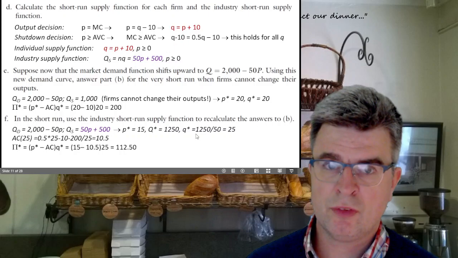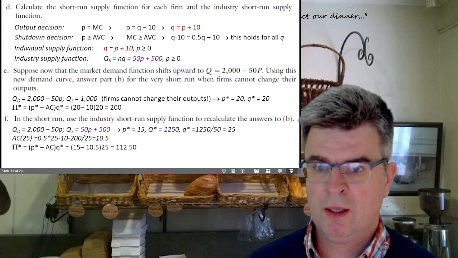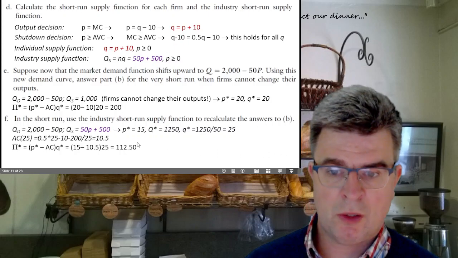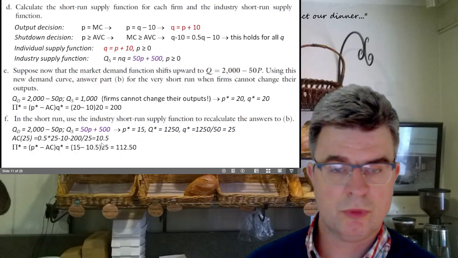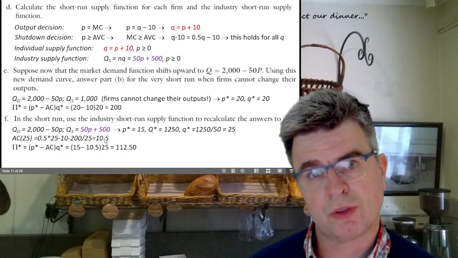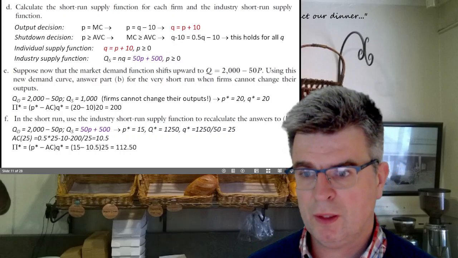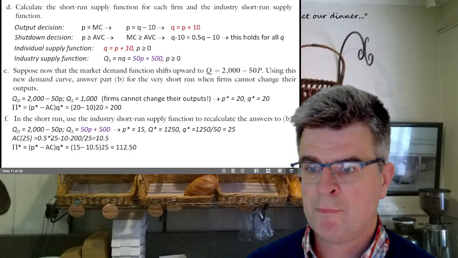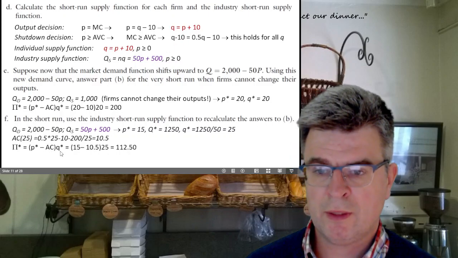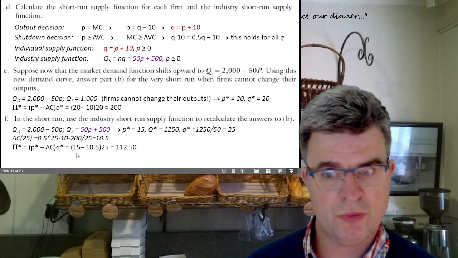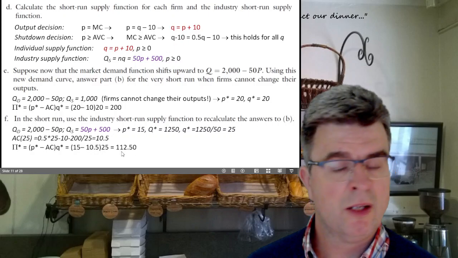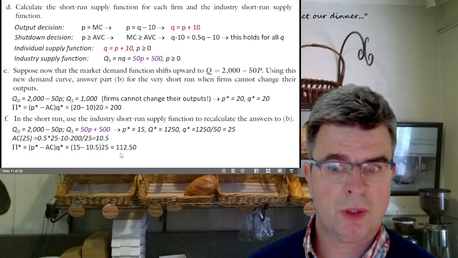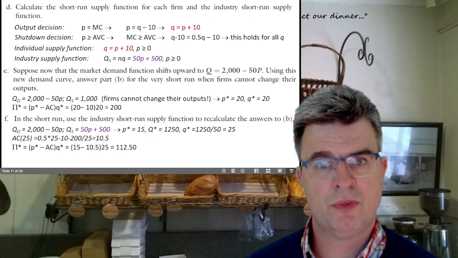At the price of 15 and a quantity of 25, the average cost of the firm is equal to 10.5. So the average cost also increased a little bit, but on each unit they make a margin of 4.5, 15 minus 10.5. They sell 25 units, so also in the short run firms make a profit, and this profit is equal to 112.50.